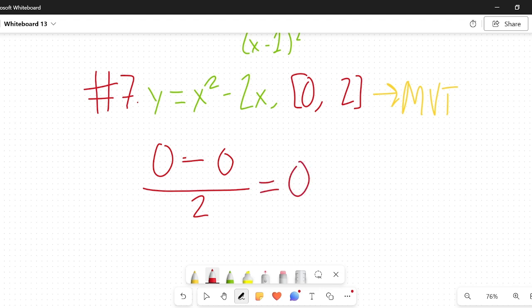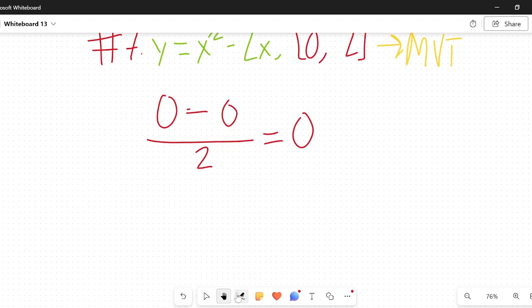So there is going to be some point on this thing, MVT tells us, and this is actually Rolle's theorem, but in this case, MVT will tell us that there is some point on this interval 0 to 2 where the derivative will be equal to 0, and we have to prove MVT using that.